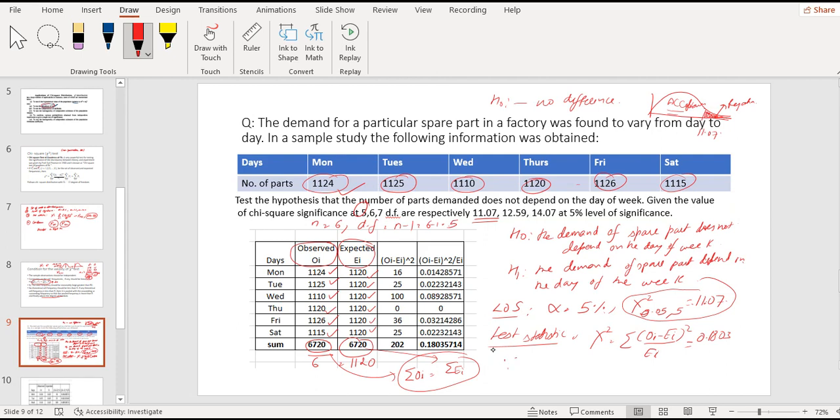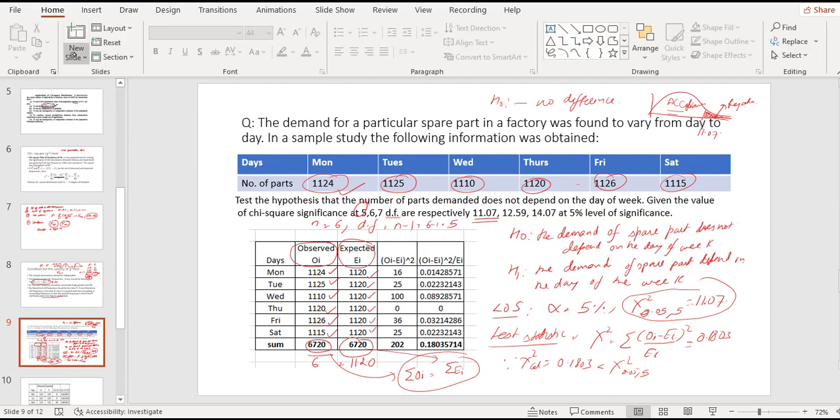Because chi-square calculated is 0.1803, which is smaller than the chi-square at 5% level of significance and 5 degrees of freedom, what do we conclude from here?